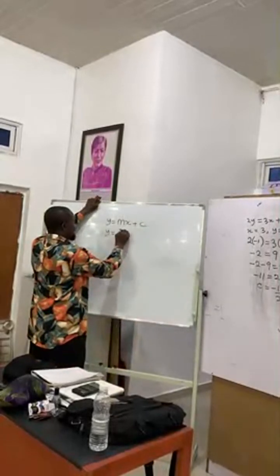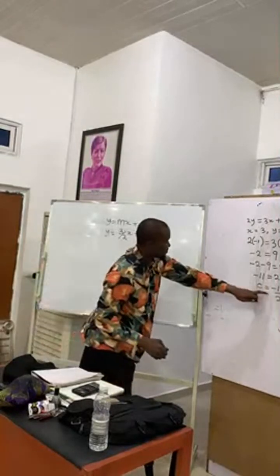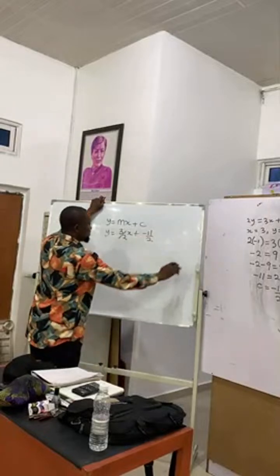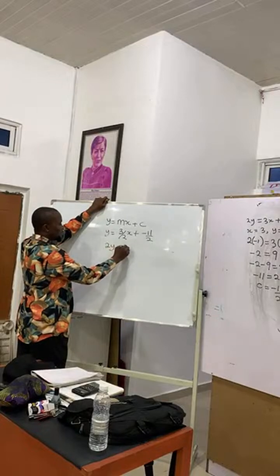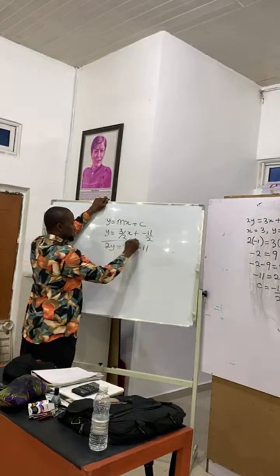That will be 3 over 2 x. But what is the c? Minus 11 over 2. Multiply by 2, so 2y will now be 3x minus 11. So that is the equation.